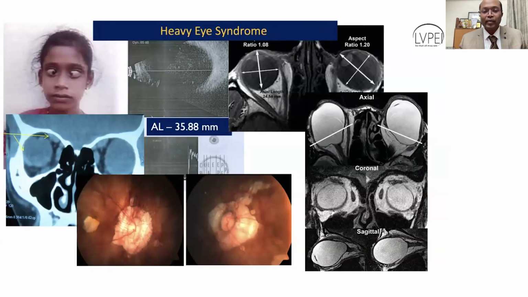On radio imaging, you will have a very classic shifting of the muscle path. Let's take the example in this particular case, the superior rectus nasal shifting and the lateral rectus inferior shift. This alteration in the muscle path allows the eyeball to pop between these two muscles, and that's how the eye goes in and down.